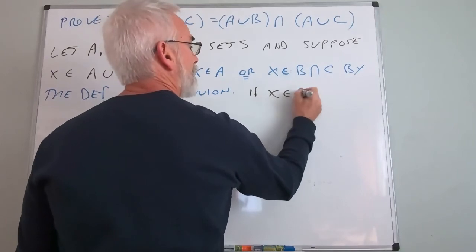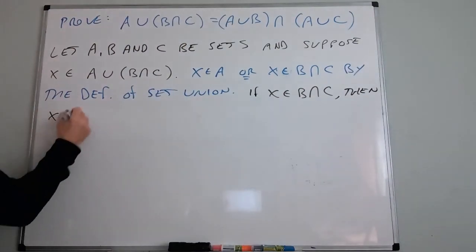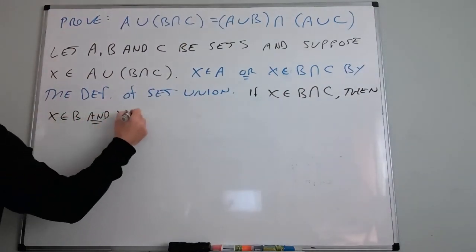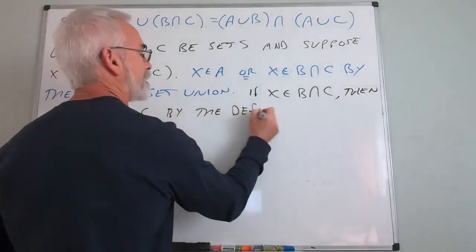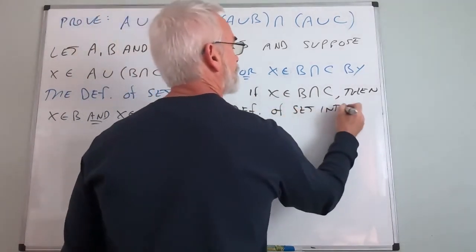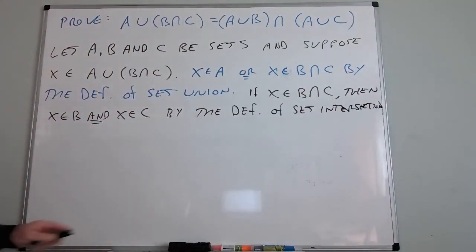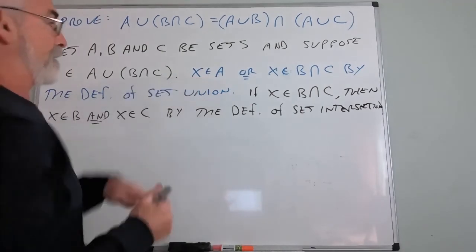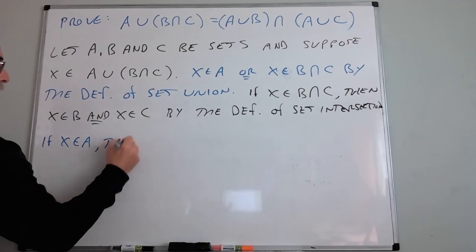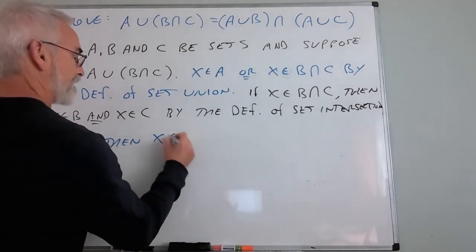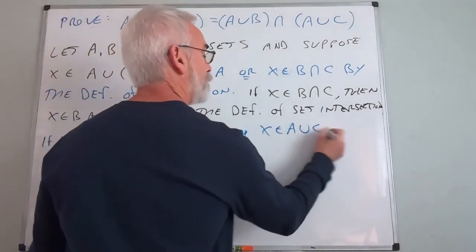If X is in B intersect C, then X is in B and X is in C, by the definition of set intersection. Now we have something. Okay. So let's start with this. If X is in A, then X is in A union B and X is in A union C.